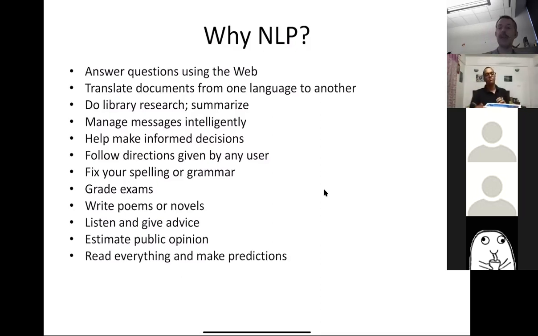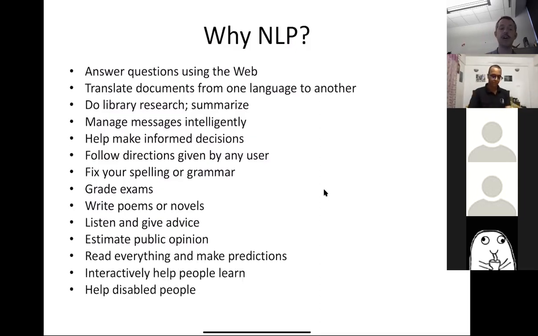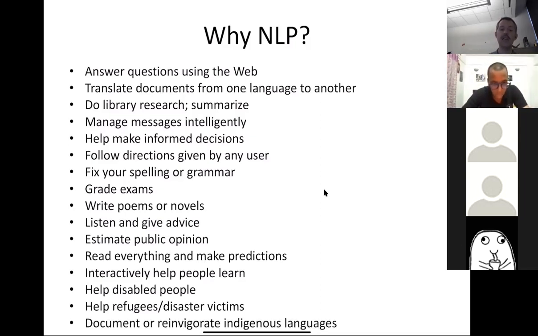Reading everything and making predictions, interactively helping people learn, helping disabled people, helping refugees and disaster victims, and documenting or reinvigorating indigenous languages, which is something that both I and Professor Black, Alan, are interested in.